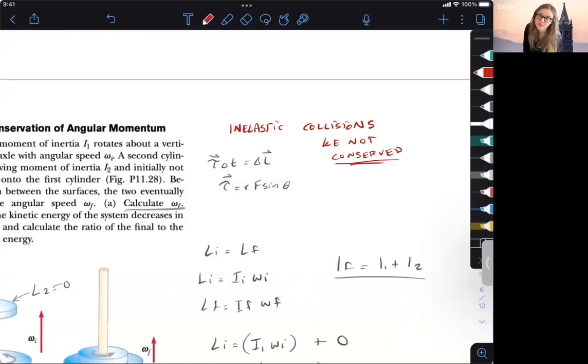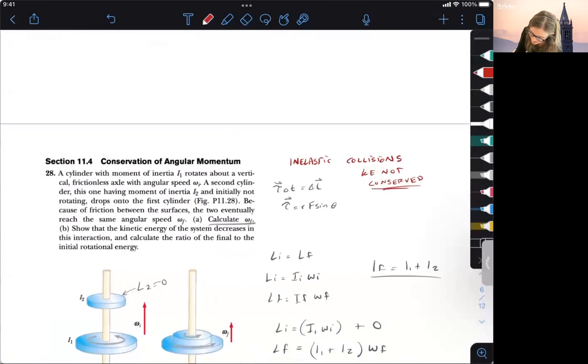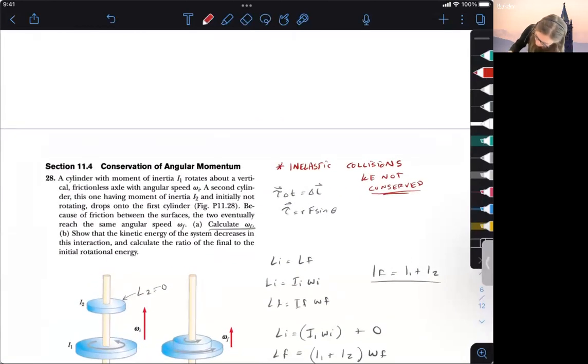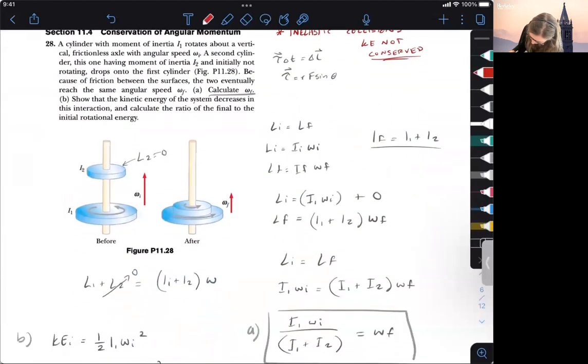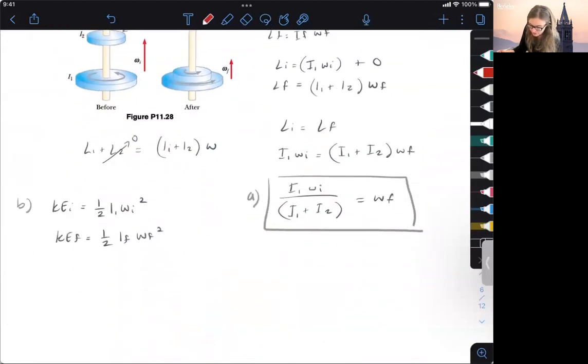So momentum is conserved, but the kinetic energy itself is not conserved. So we can't set initial equal to final. We can't say the initial kinetic energy is equal to the final kinetic energy because there's going to be some change here. Just the momentums are equal.